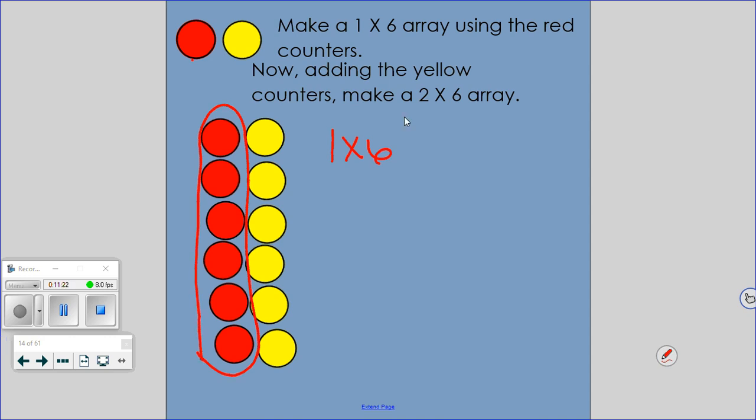I'm going to show you some fancy math. Does anybody know what those symbols are called? You'll see them sometimes in reading too, but they can be used in math. They kind of look like this. They're next to my 1 by 6.